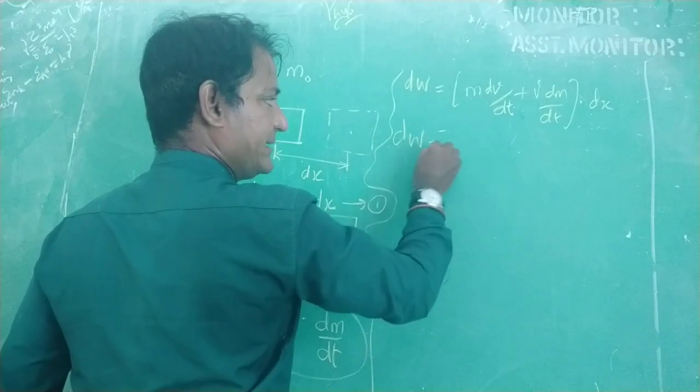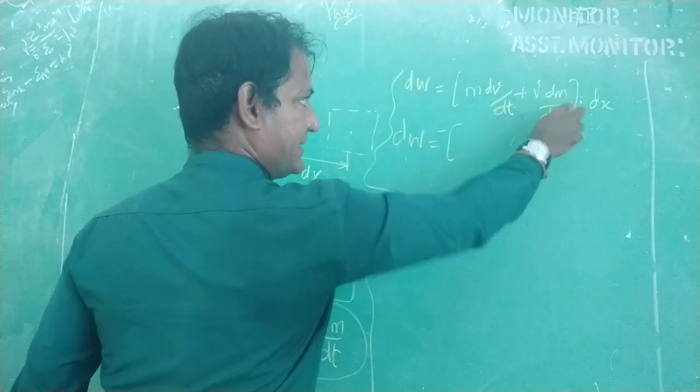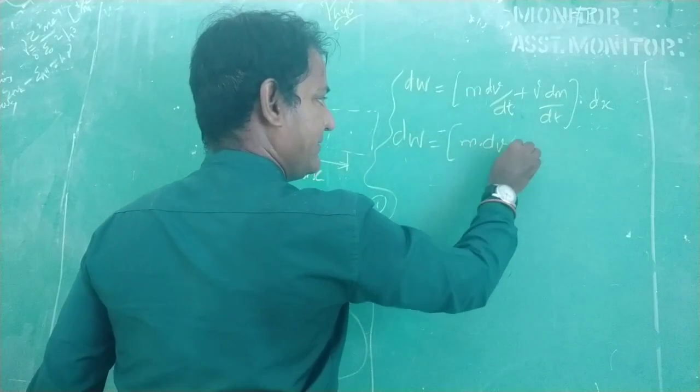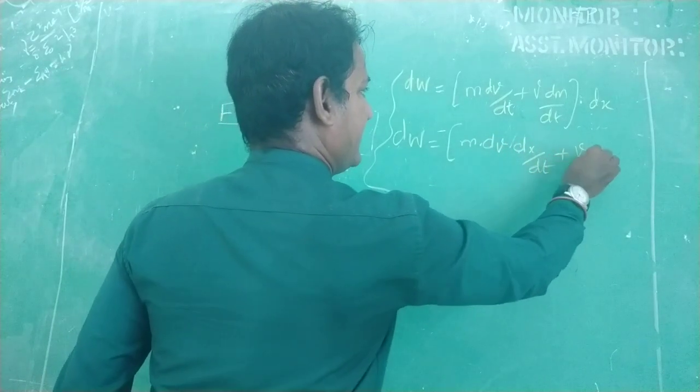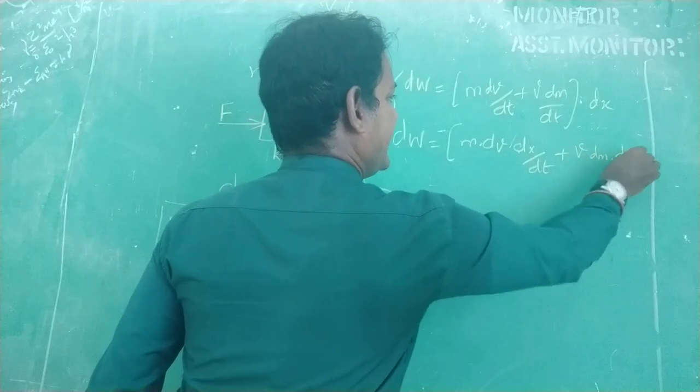Now, bringing this dx inside, I can also write this as m into dv into dx by dt plus v into dm into dx by dt.